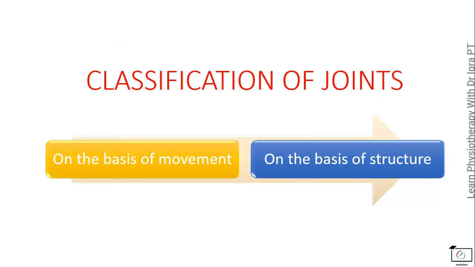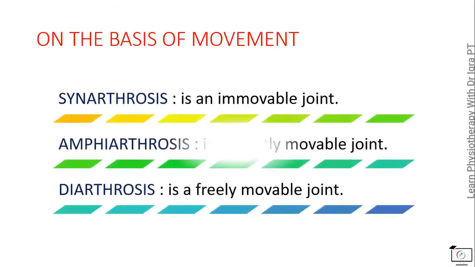The joints are classified on the basis of movement and on the basis of structure. On the basis of movement, there are three types of joint: synarthrosis, amphiarthrosis and diarthrosis. The synarthroses are immobile joints, the amphiarthroses are slightly movable joints, and the diarthroses are freely movable joints.